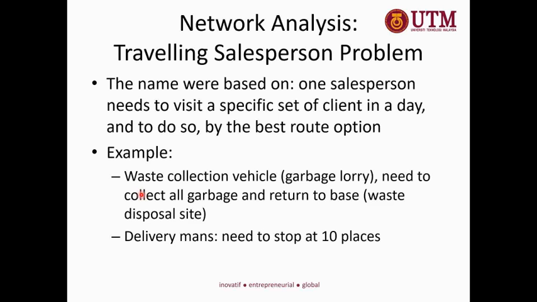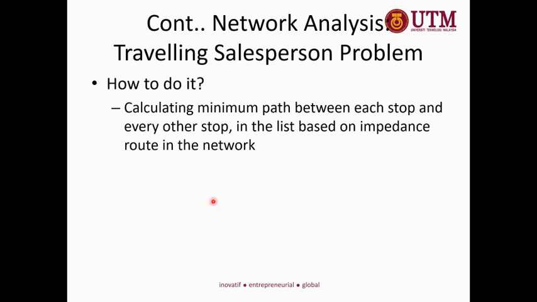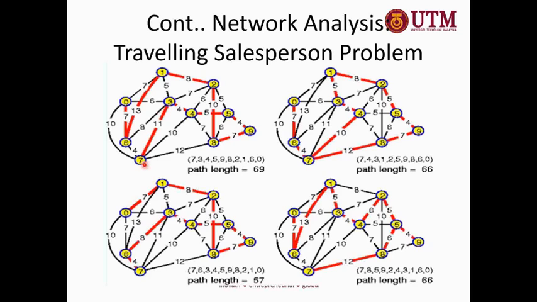For example, a waste collection vehicle collects garbage and returns to the base, and a delivery man needs to stop at 10 places. So they calculate the minimum path between each stop and every other stop. Okay, so it's not the shortest path, but we cover the highest number of stops in the shortest time, or the optimum number.